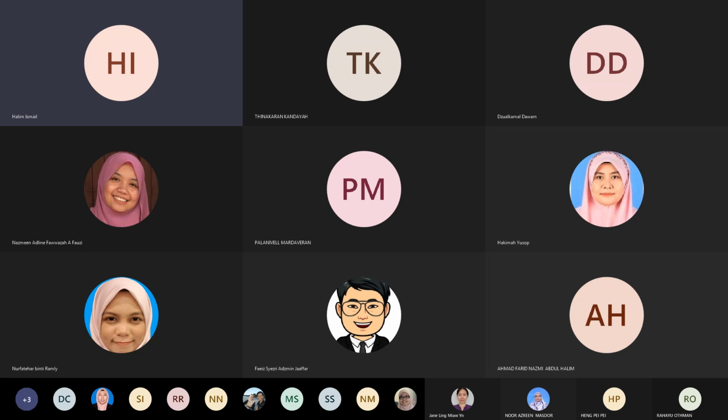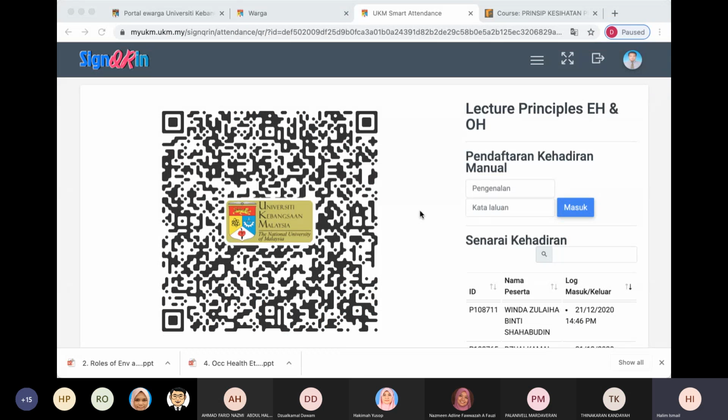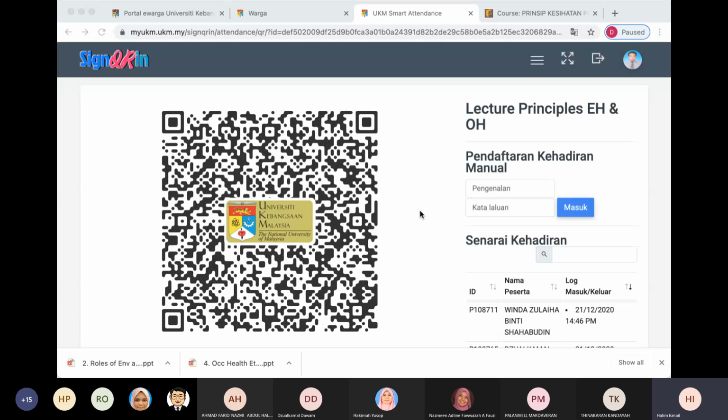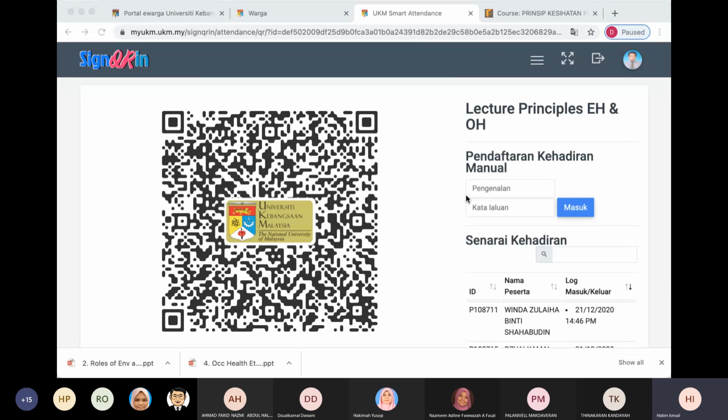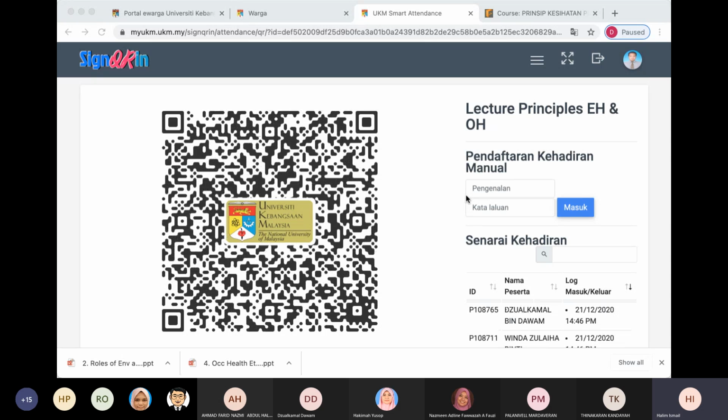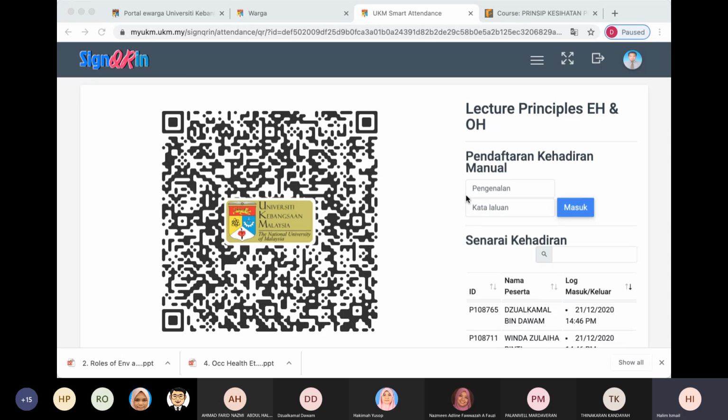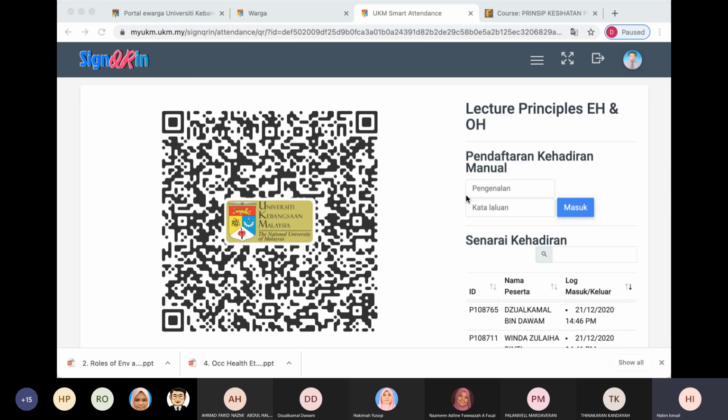Tadi Paul you ada WhatsApp saya. Betul Paul? Palani Valley. Huh? Yes, I dah accept. I try to scan again. You try scan again. You WhatsApp you punya student ID tak ada password, I nak masuk macam mana? Kata laluan tu tulis apa?